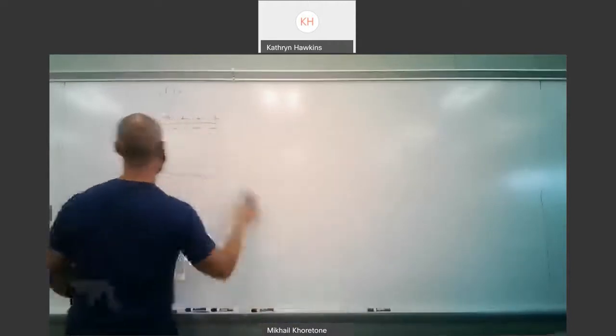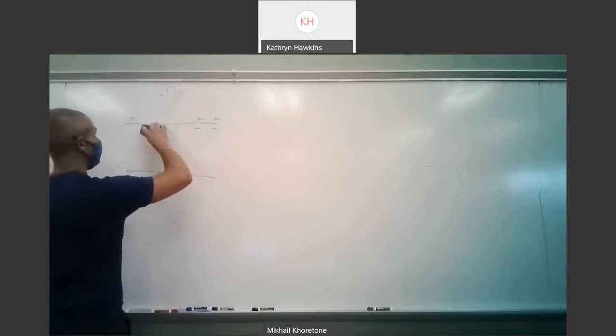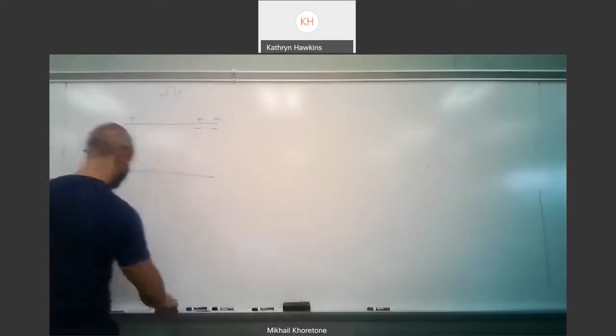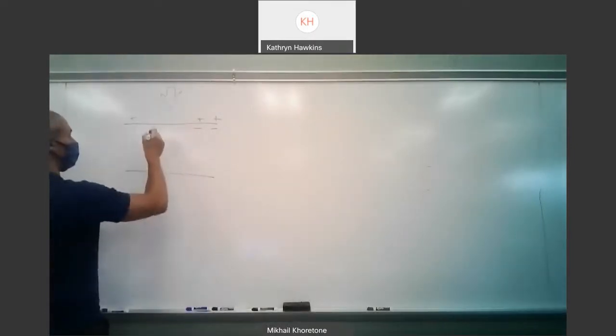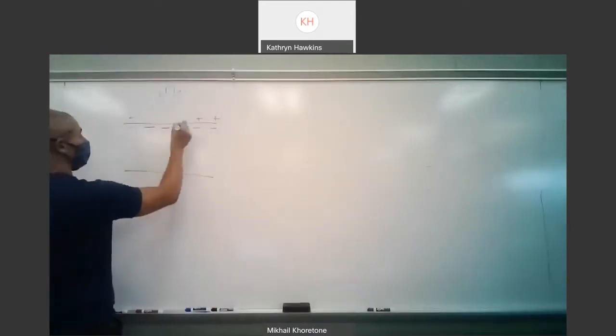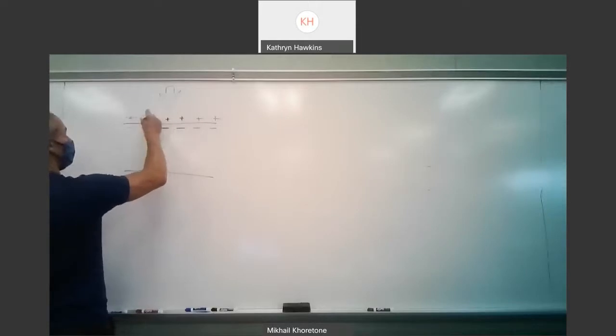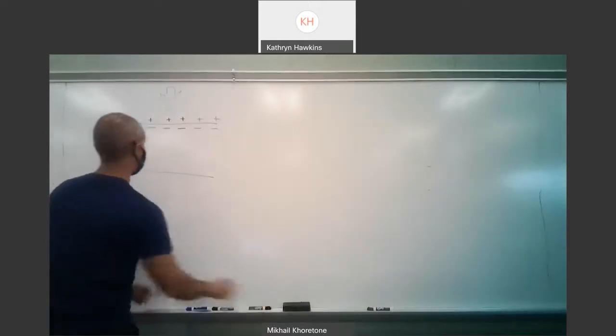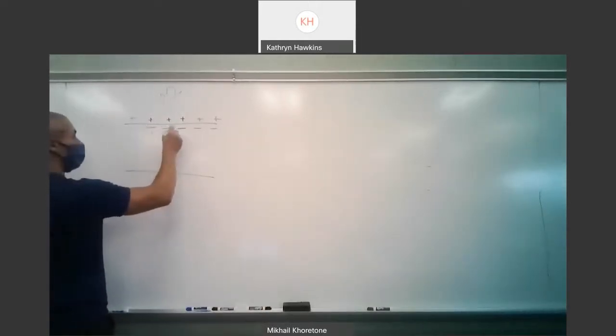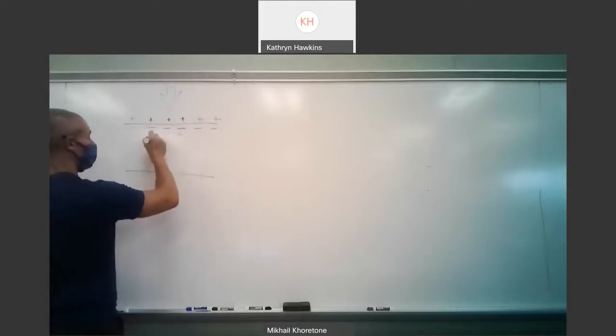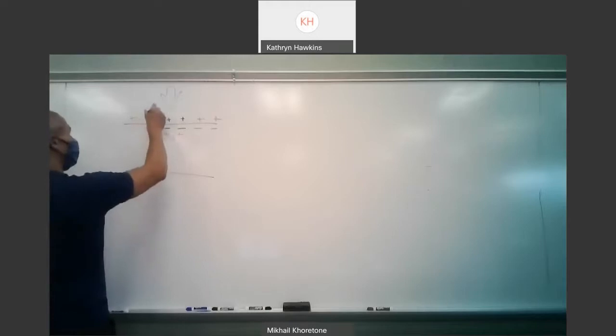And what we see is that part of the membrane gets some extra positive charges inside and extra negative charges on the outside.